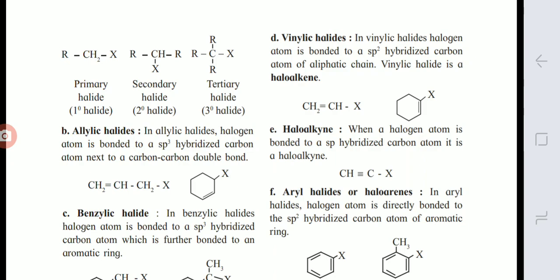Now remember that if there is a carbon carbon double bond, then such a carbon is sp2 hybridized. All alkene carbons containing carbon carbon double bond are sp2 hybridized. If carbon contains a triple bond, it is sp hybridized, that you learned in 11th standard under the heading of hybridization.